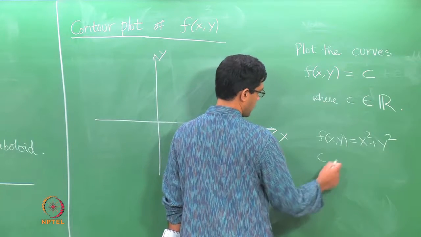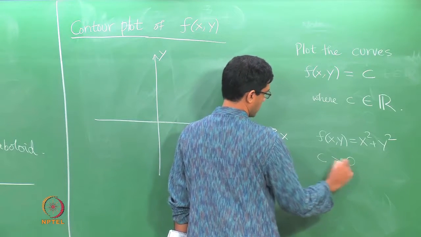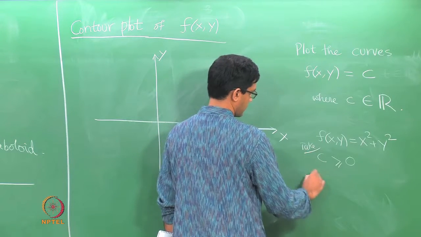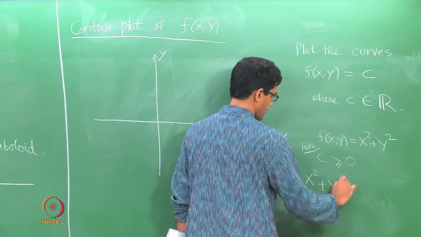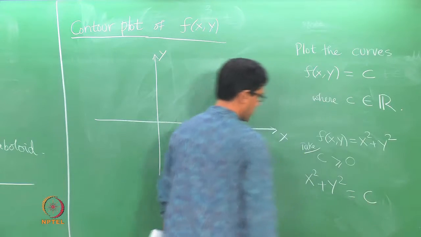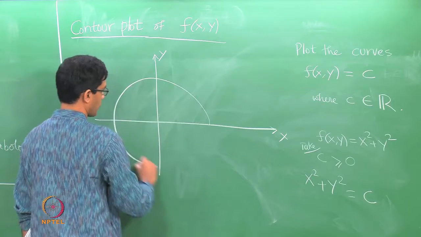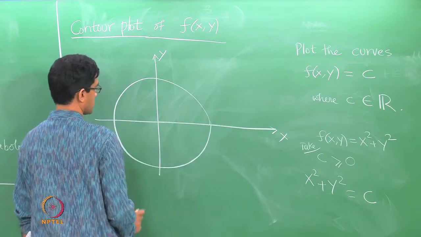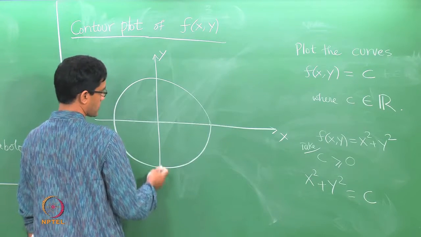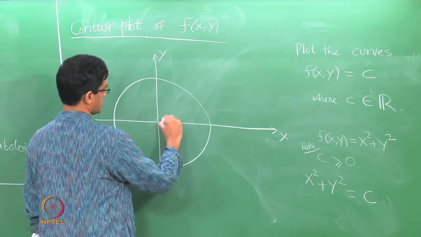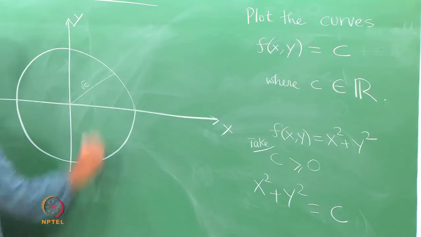So, let us take c, it is enough to take c to be a positive constant, and the curve x squared plus y squared equals c is just a circle of radius square root of c. So, here is the circle with center the origin of radius square root of c, and if I change the value of c, the radius is the square root.